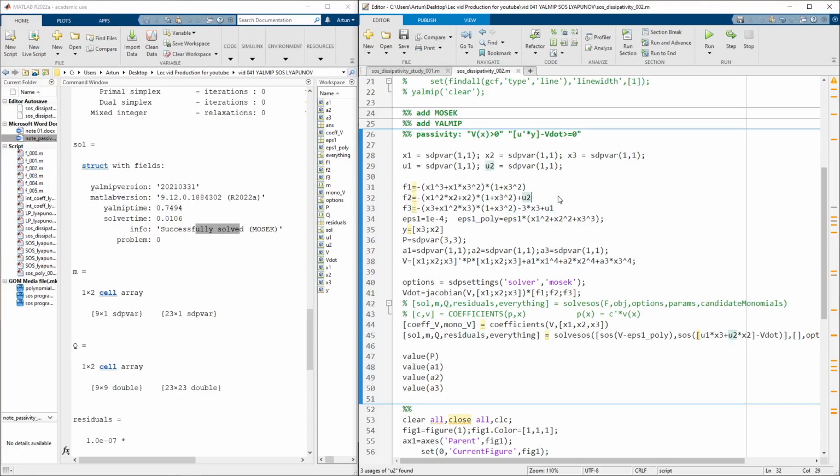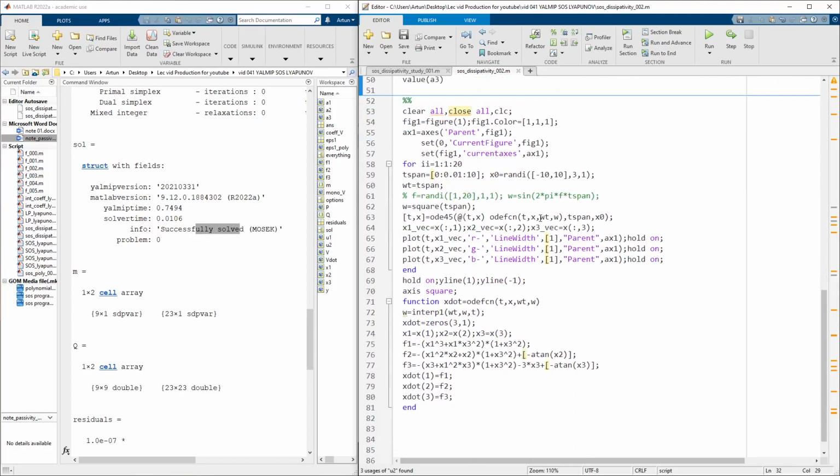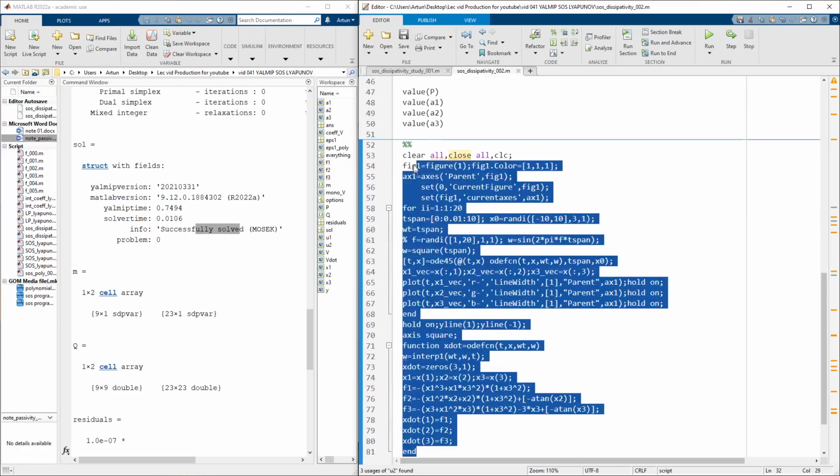Let's recall the corollary we looked at previously: give me a nonlinear dynamical system. 1, if it is passive, and 2, if it is zero state detectable, we can get the output, put it in a passive memoryless phi function, negate that, and supply it as an input, and the whole system will be globally asymptotically stable. That was a lot of words again, and this is the simulation part.